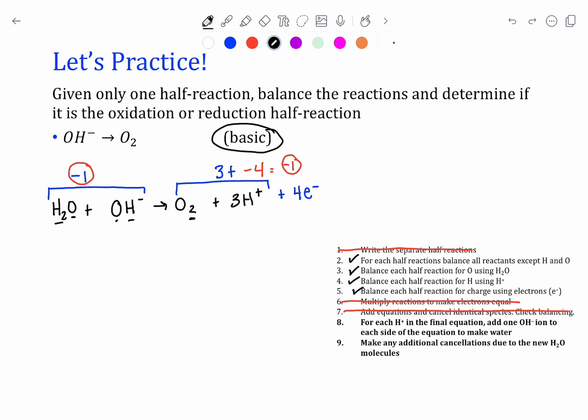So step 8 says, for each hydrogen ion in the final equation, add an OH- ion to each side of the equation to make water. So my product side has 3 H+. So for each of those H+, I have to add 3 OH-. Now whatever you do to one side, you must do to the other. I'll write that.